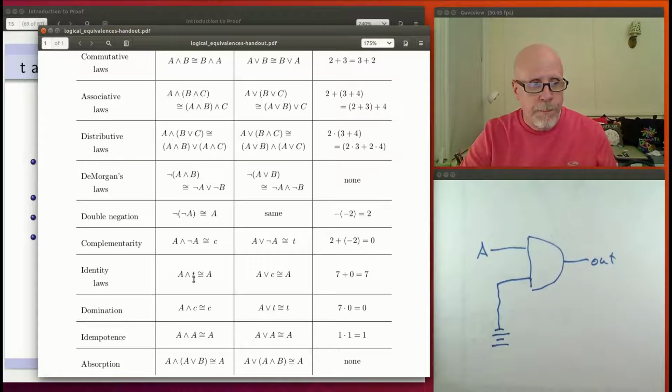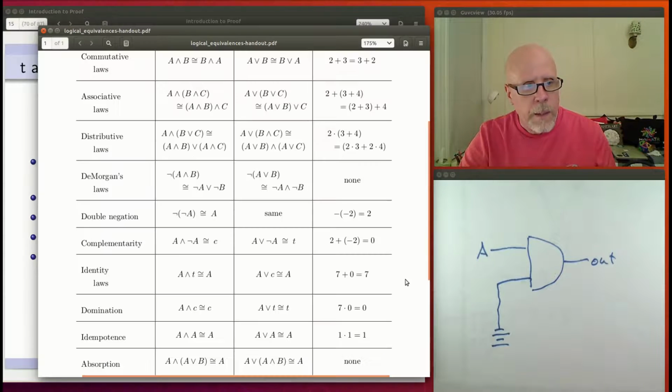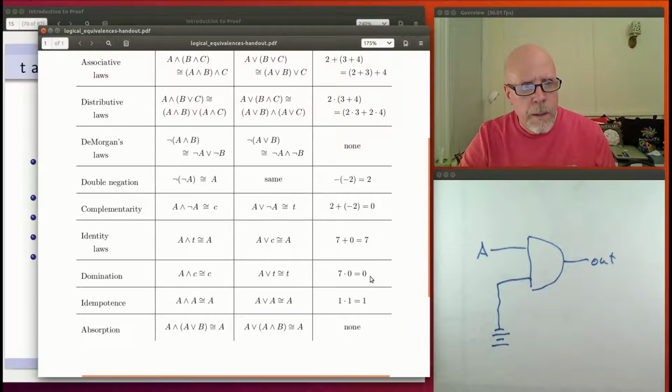Great. Our next law is called domination. We only see domination in one place in ordinary algebra, multiplying by 0. If you multiply by 0, you get 0. That is, where adding 0 left the input unchanged, multiplying by 0 crushes it, dominates it, it makes it 0.